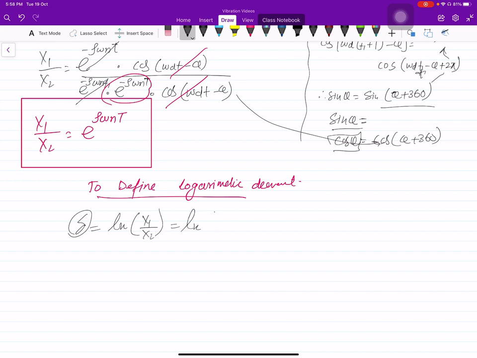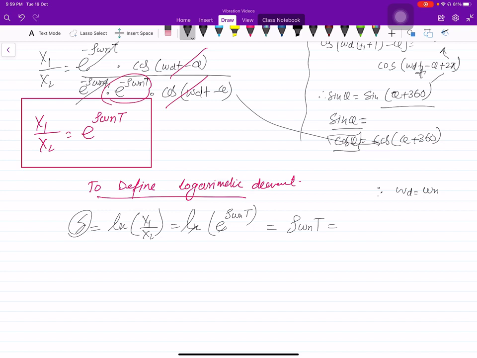So when the log is applied with the exponential, as per the trigonometry, it's equal to this. It crosses out, so we have this, and as we know, Wd is equal to Wn times the square root of 1 minus zeta squared, where Wn is the natural frequency.